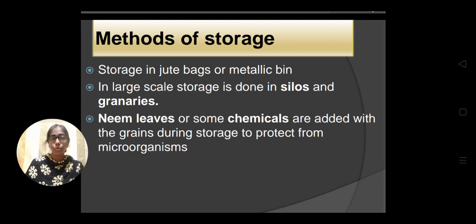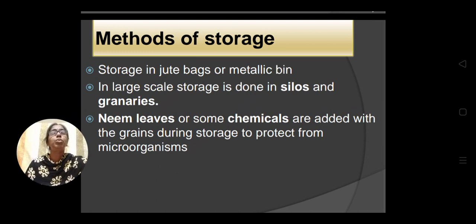There are godowns, where grains or seeds in big jute bags are stored after treatment with chemicals, and sometimes they are treated with neem leaves and other things to protect them from microorganisms.